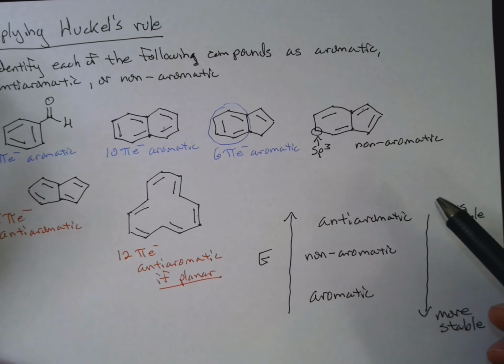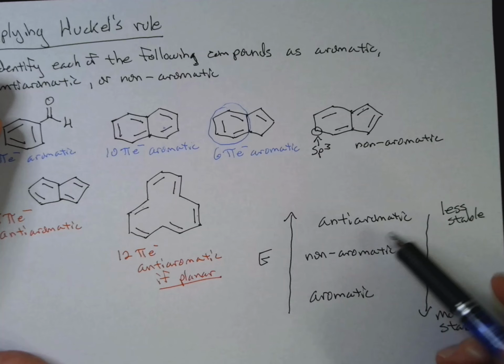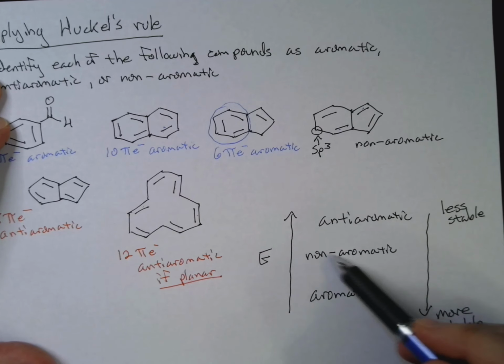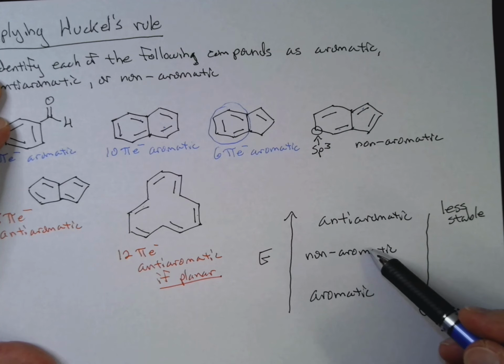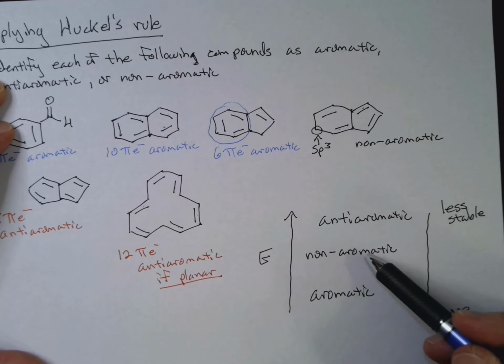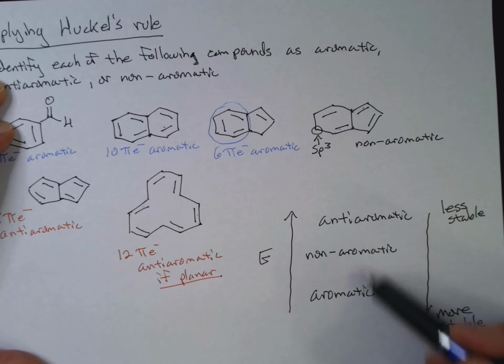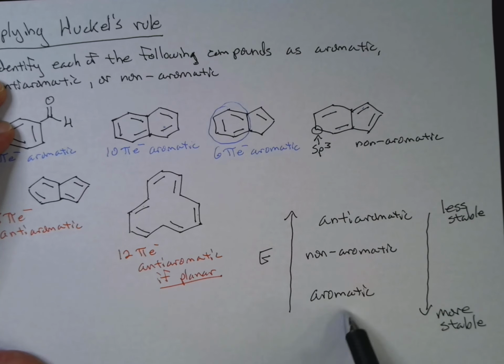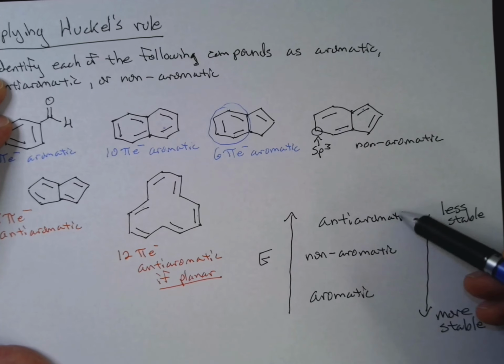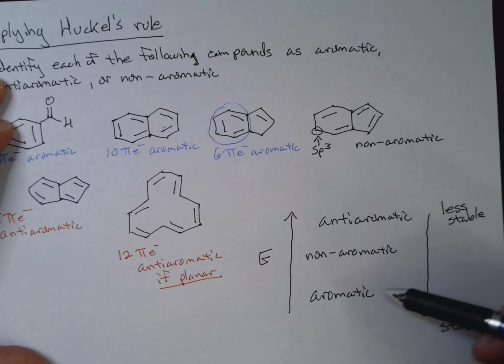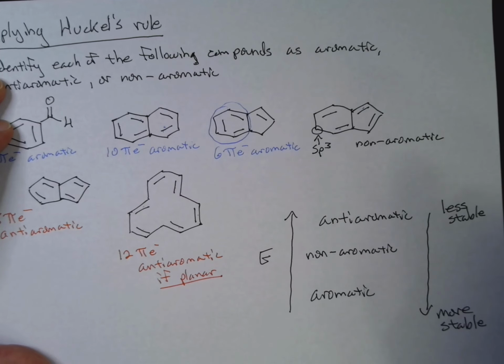But if it could twist up and not be planar, or if there's a way to interrupt that ring of p orbitals, then it'll be non-aromatic. And if you're choosing between non-aromatic and aromatic, if it can be aromatic, it will be. Okay, so you're not going to see too much stuff that is truly anti-aromatic. Most things would be non-aromatic or aromatic.